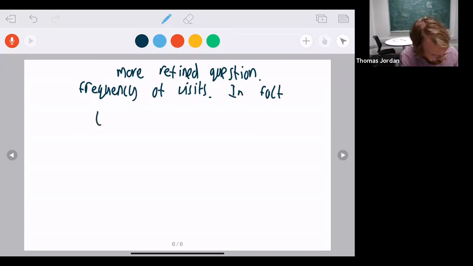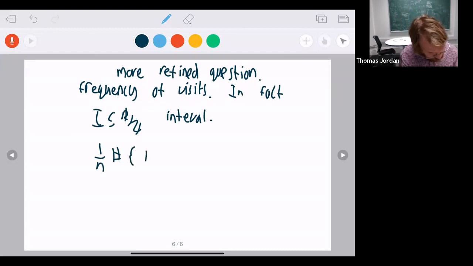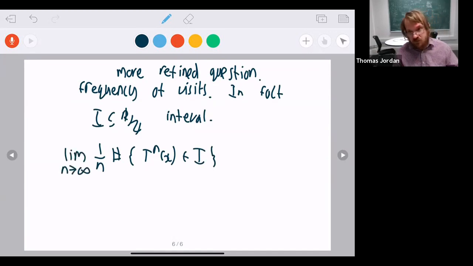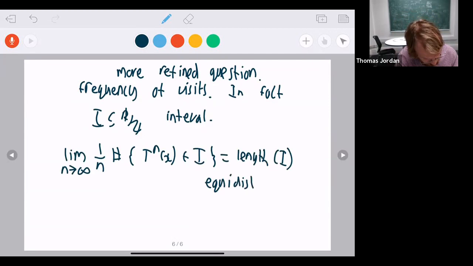So if I is an interval contained in the circle, then if I look at 1 over n times the number of times that T^n of x is in the interval I, and take the limit as n tends to infinity, this will give the length of the interval I. And that's what's called equidistribution.